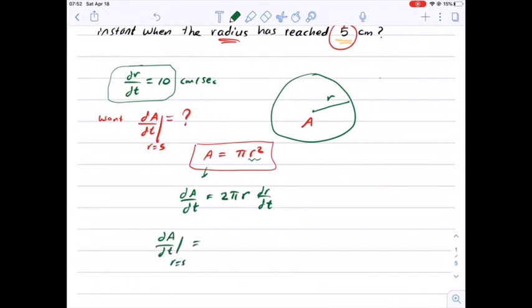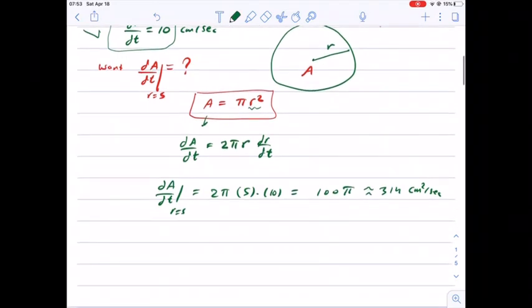Now we want to find dA over dt at r equals 5. That means we need to substitute r equals 5. So this is 2 pi times 5 times dr over dt. dr over dt is given, it's 10. So we have 100 pi, or approximately 314 centimeters squared per second.